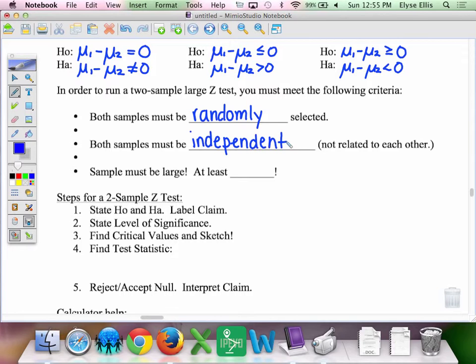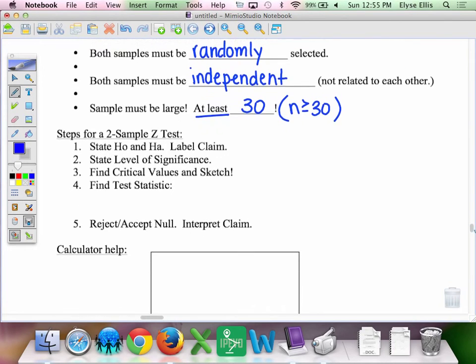They can't be related to each other. That's really just common sense. Just think about that for a second. And then also, because we're in a z-test, your samples must be large. They need to be at least 30. So n is greater than or equal to 30 is how we have been referencing it. And that goes for both samples, because remember, everything's by 2s.